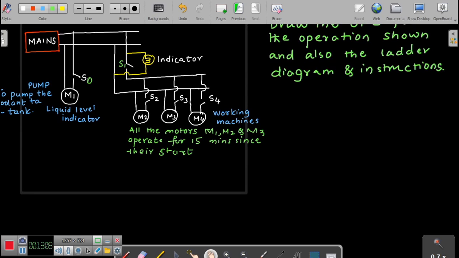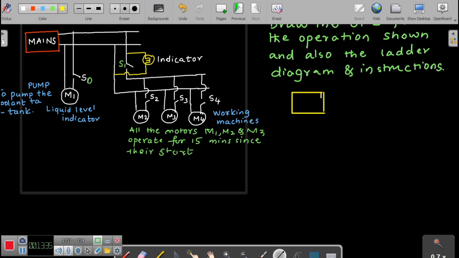From where would you begin? Mains being on, that is our starting stage. So what I want to do here is draw the start block, something like this.